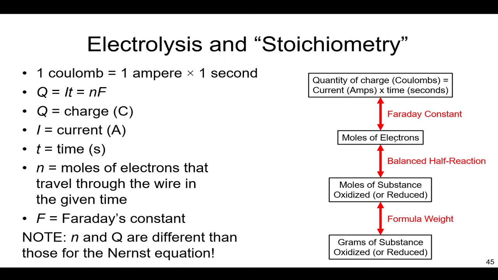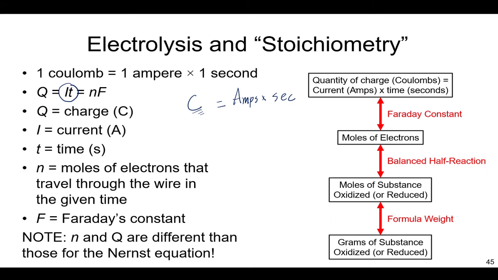Okay, so the thing to point out here is that it's about the total charge you're moving. And the total charge you're moving, Q, is going to be, it's shown here, current is I, time is t, but this is the amps times the seconds. That's a coulomb, the charge.